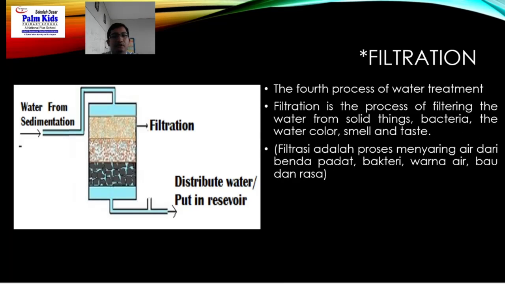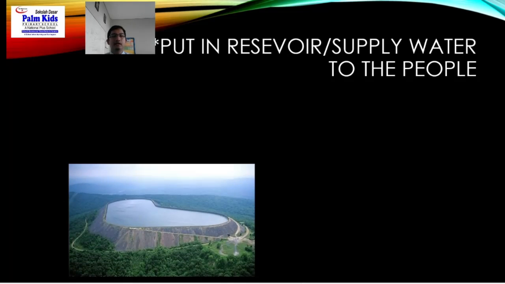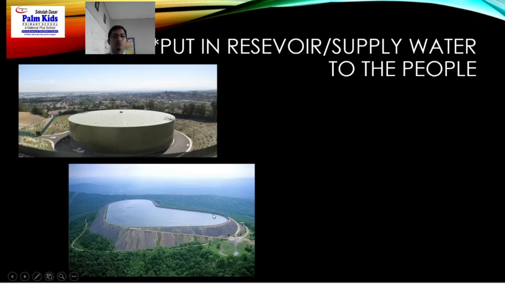Okay, now after those filters, this water will be distributed to the people or put in the reservoir. What is a reservoir? Here you can see the picture of two reservoirs. One is an outdoor reservoir and the other one is an indoor reservoir. An indoor reservoir is closed, so the water is put inside the tank.